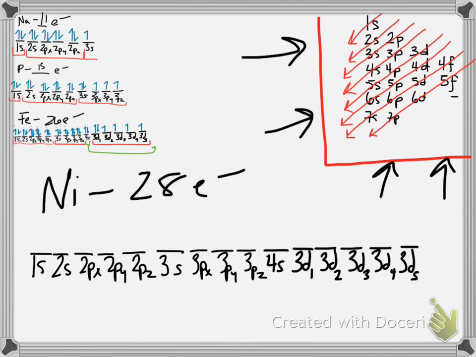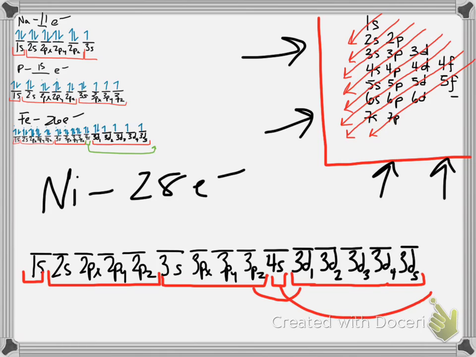Okay, so they're all visible. I'm going to mark my main energy levels just because it's useful, I think. First main energy level, second main energy level, third main energy level, and then my 4th main energy level, which would go on up to here if I had more electrons.